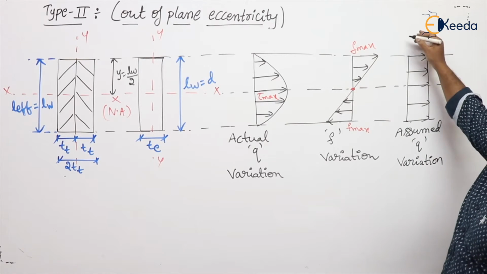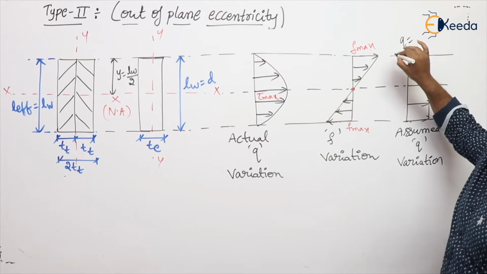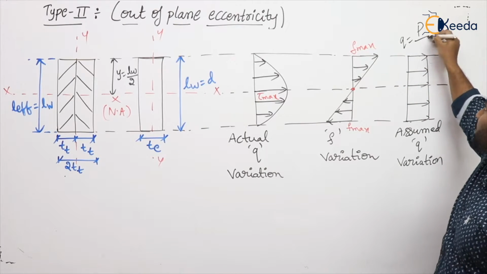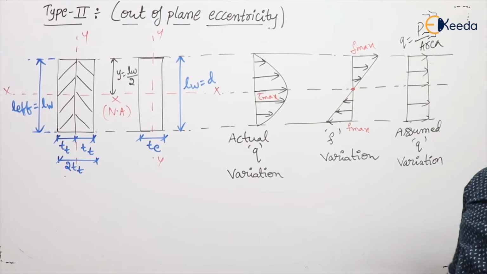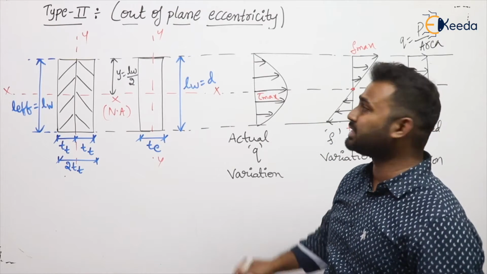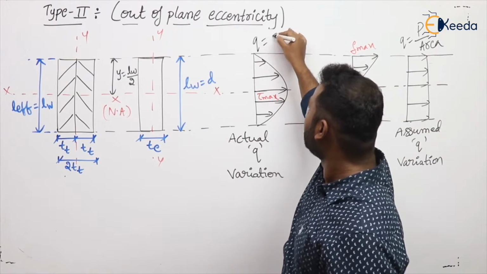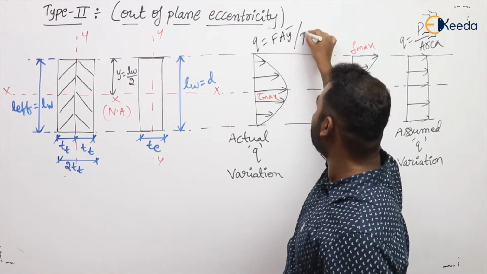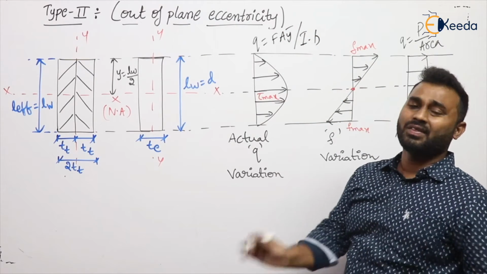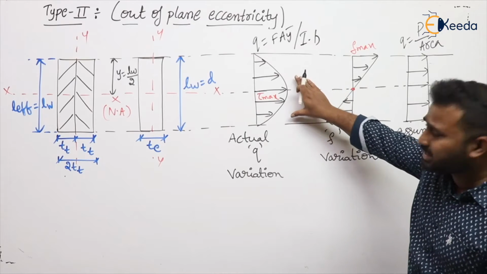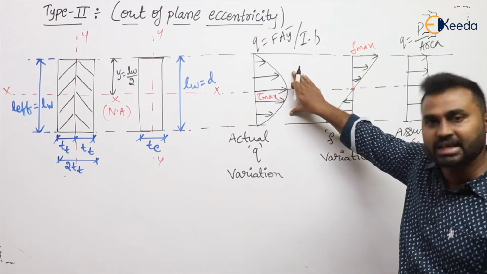That is the reason the direct maximum shear stress is nothing but load upon area. If we assume the actual variation in our analysis, then the shear stress formula should be FA y bar by IB, which is very lengthy and complicated, and so we don't consider this in our analysis. But in real, this is the analysis.